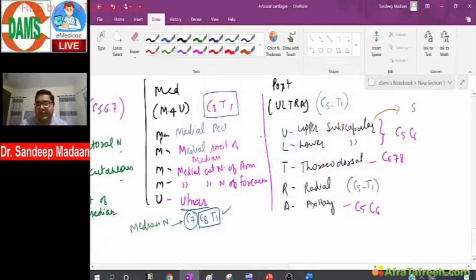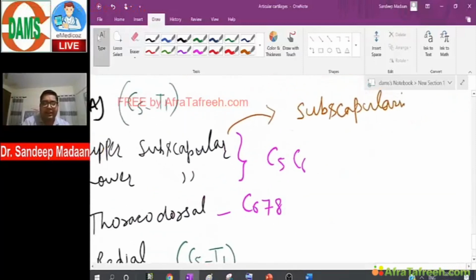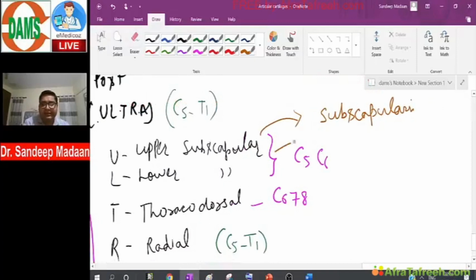The subscapularis. And the lower subscapular is going to supply subscapularis plus teres major.